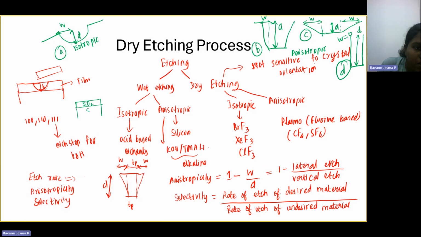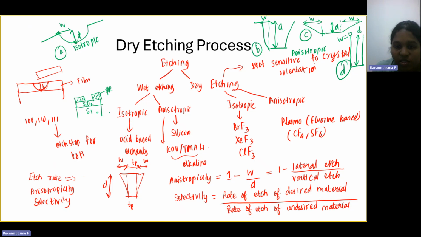Here your undesired material will be PR and silicon. So you can tell the selectivity of SiO2 with respect to photoresist, which will be the rate of etch of SiO2 divided by the rate of etch of the undesired material. And also you can say the selectivity of SiO2 with respect to silicon, where SiO2 is your desired material and silicon is your undesired material. Because when you are trying to etch SiO2, you want to etch only SiO2, you don't want to etch anything else.